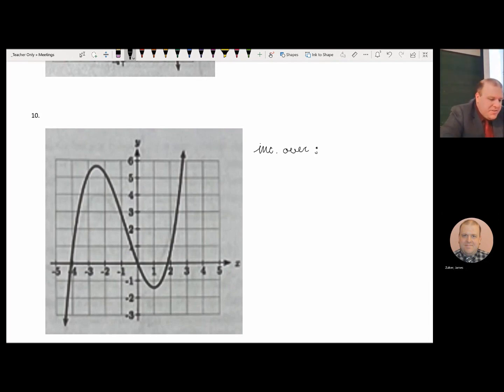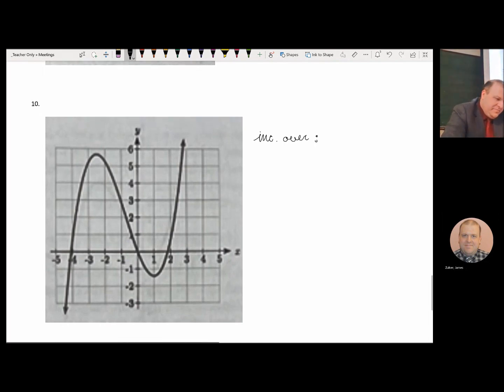What about here? Where are we increasing? Negative 4. Well, all the way from negative infinity. Oh, yeah, negative infinity.